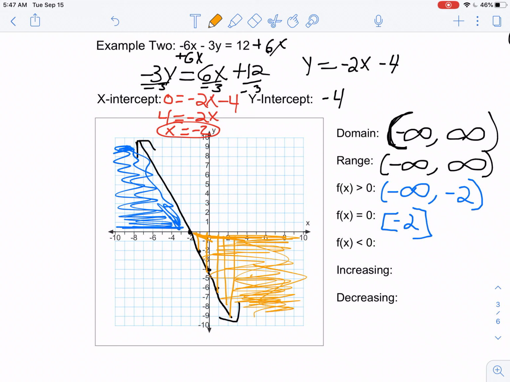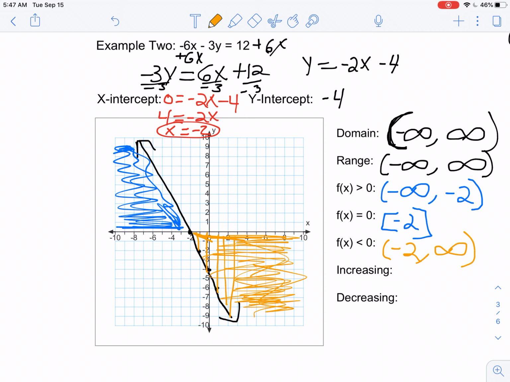And this will go on forever. So it'll be less than 0 from negative 2 to infinity.